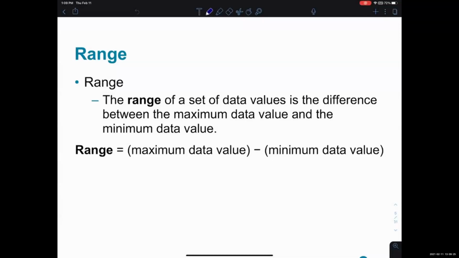So if the maximum score was a 97 and the minimum was 67, then the range would be 30. And what would be the units of that? 30 what? Points. Points, I think, is good. You could say test points or quiz points, but I think we usually say points, right?